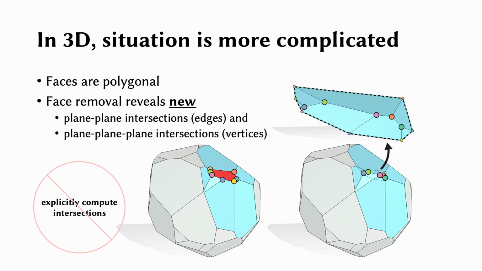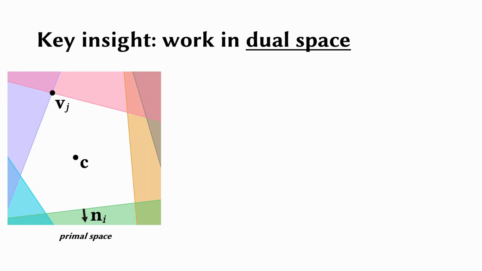The key idea, it was nice Justin said dualize everything. So that's the idea in this talk too. The key insight is that we're going to work in the dual space. In the primal space, that's where we actually think of this thing as the convex hull. We have vertices of the convex hull, and we have planes. And before, remember, we represent the plane with the normal.